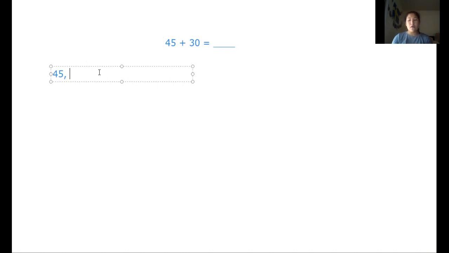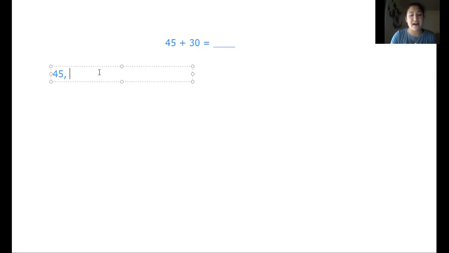Since we know that 30 is equal to 3 tens, we can count by tens 3 times. So we're going to start at 45 and count on by tens 3 times.